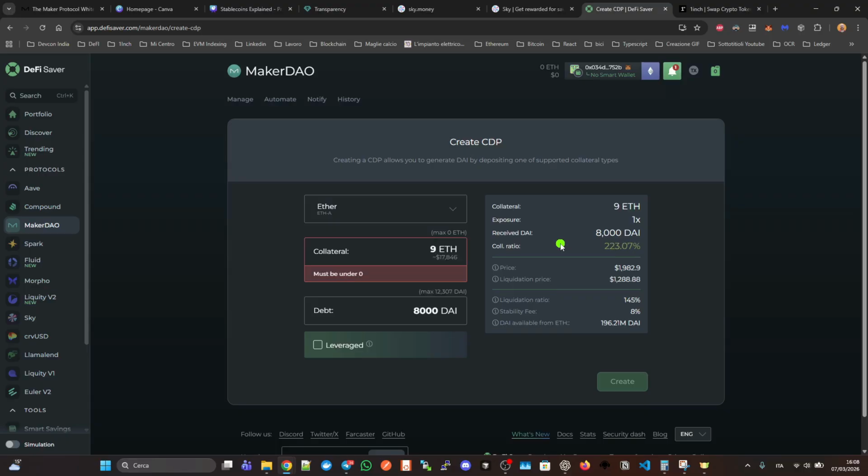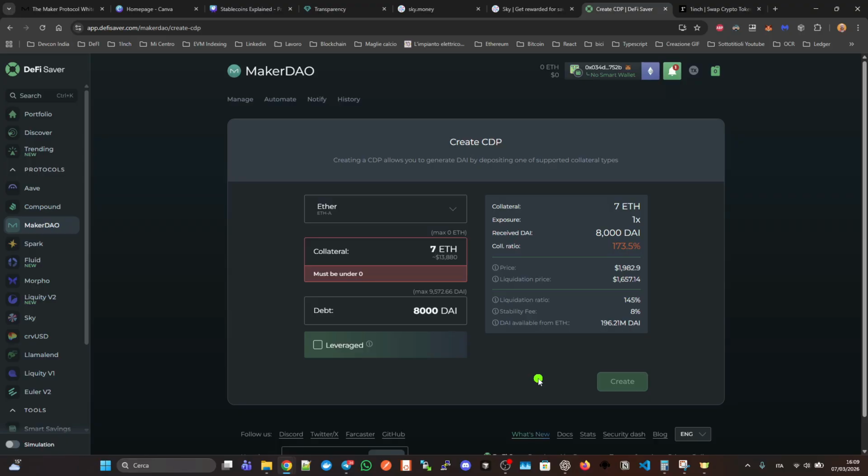Let's say we reduce it further, then we are undercollateralized, so we must provide, I don't know, 7 ETH to be here, where we are at risk. I think it allows us to do it, but we are very close to the liquidation ratio, which is 145%. And of course, once you mint this DAI, you have to pay a stability fee each year. So this is the price to pay to mint this token.